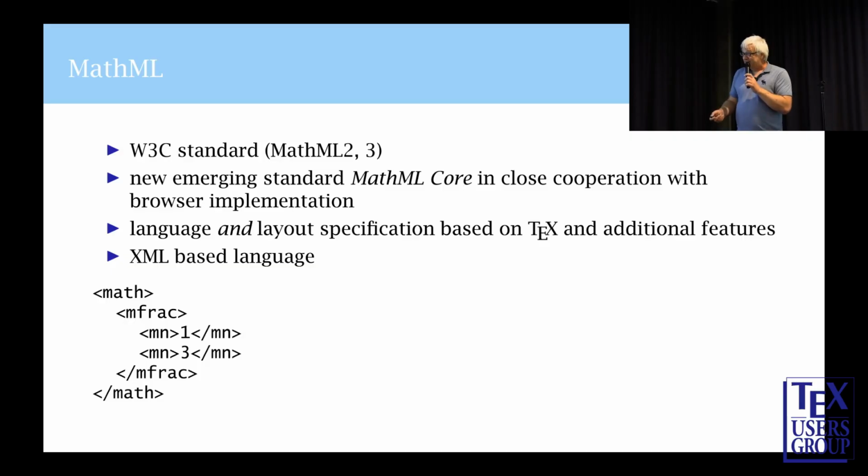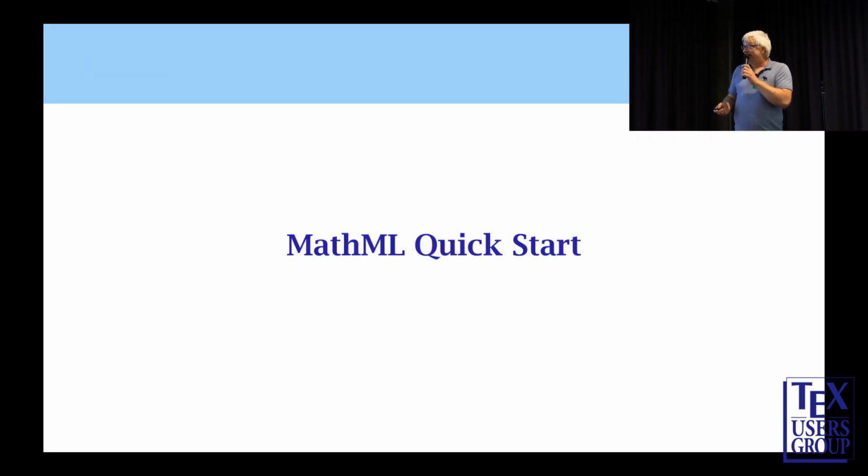A very simple example is here: it's noisy, it's the fraction 1/3, not very complicated, but for computers and screen readers this is much more usable and much more accessible than something else. So that is the state of MathML.